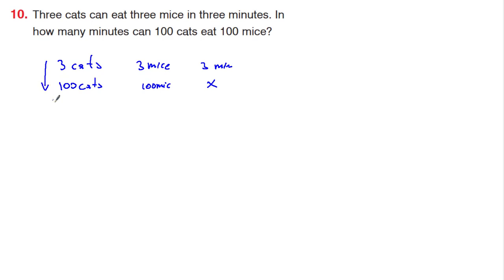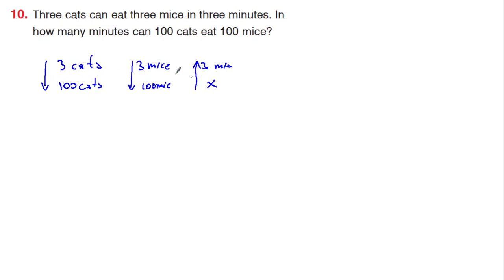Increasing the number of cats, does that result in increasing the number of mice that will be eaten by those cats? Yes, more cats will eat more mice. But now, if you increase the number of cats that are eating some mice, will those mice be eaten faster or slower? If you increase the cats, the time needed to eat those mice will decrease.